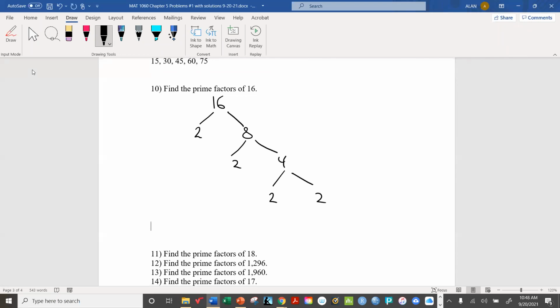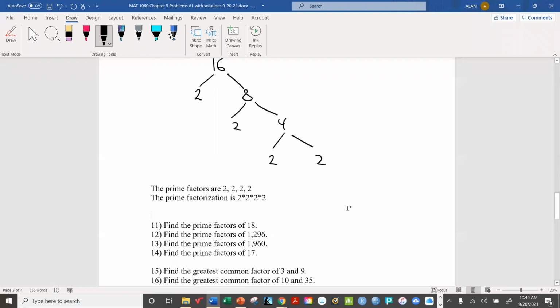So the prime factors, you could write it like this. You don't see it done this way usually. Normally what we do instead is we write the prime factorization is 2 times 2 times 2 times 2. They both mean the same thing, of course. All right, you could do either one.